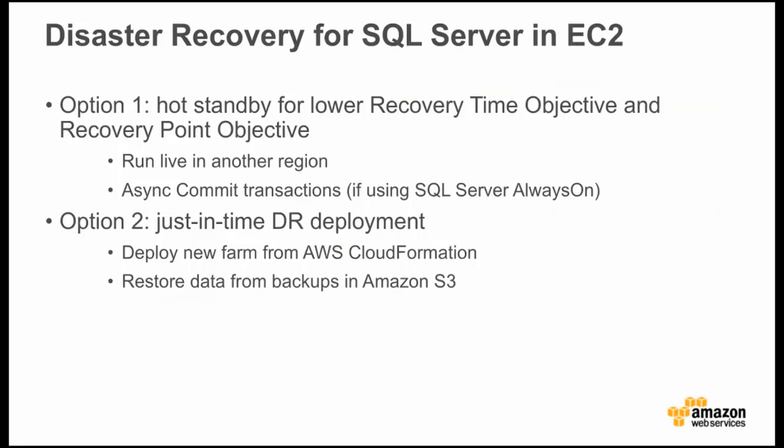A lower cost option is what I like to call just-in-time DR. This means you have a standby environment that's provisioned using a CloudFormation template. CloudFormation is our infrastructure automation tool that allows you to spin up complex infrastructures. And you simply have that template ready to spin up your entire infrastructure in another availability zone.